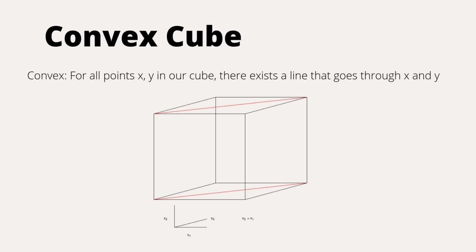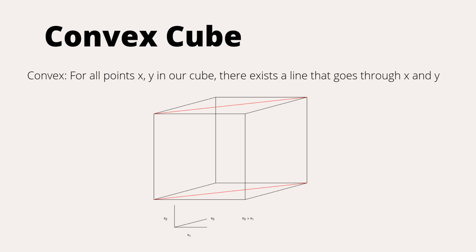We'll look at a convex cube. It's a little more complicated than our previous two-dimensional space, but 3 dimensions is still simple enough to visualize. And a reminder of the definition of convex: for all points x and y in our cube, there exists a line that goes through x and y.